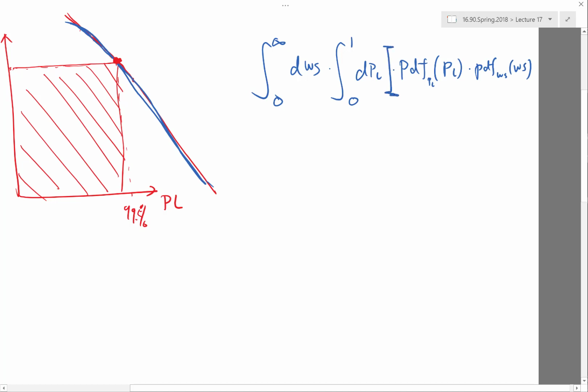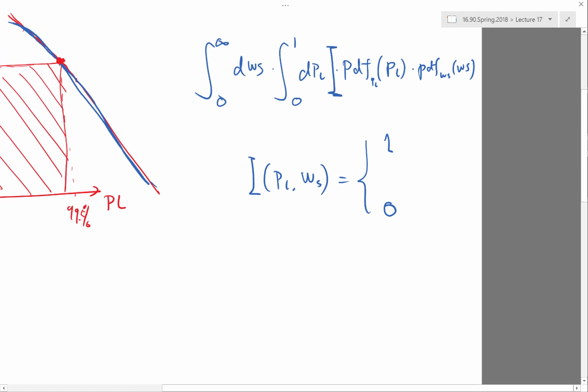I put it a big I. That big I is a function of payload and wind speed. It is equal to either 1 or 0, depending on if the design is feasible or infeasible for that particular combination of wind speed and payload.